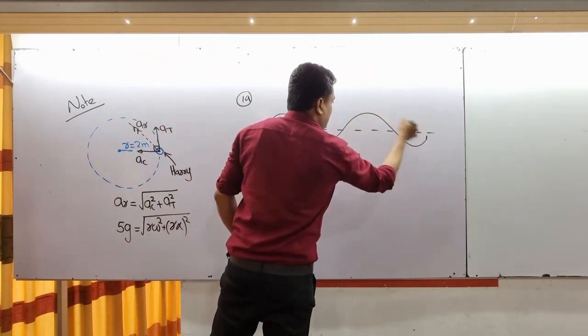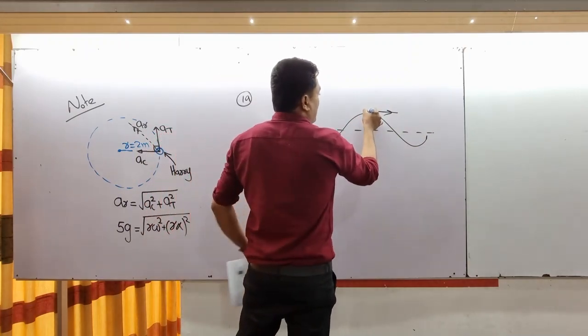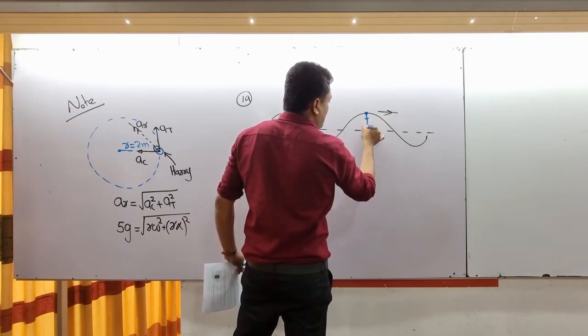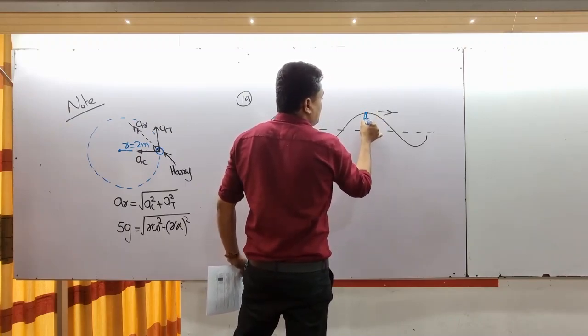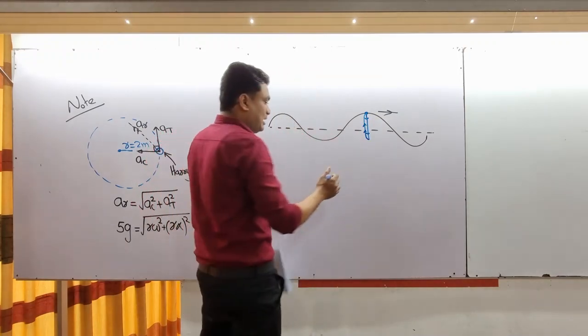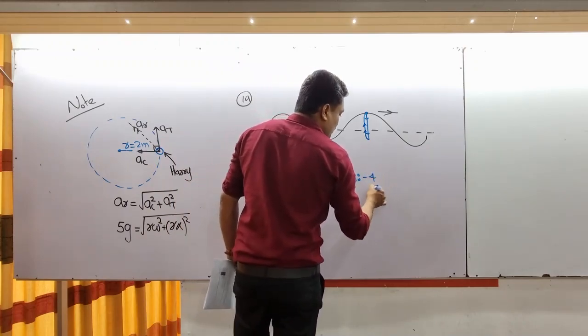So it means the wave travels in this direction. What about the particle here? This particle is just going downward and coming upward along the same straight line path. Therefore, the answer is 4.